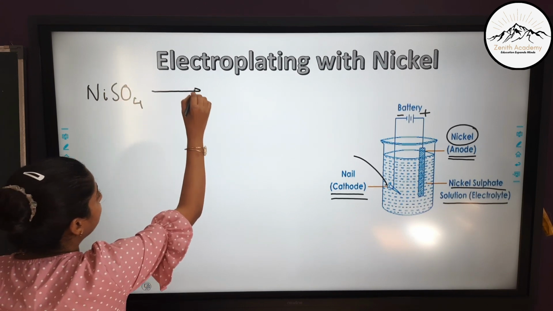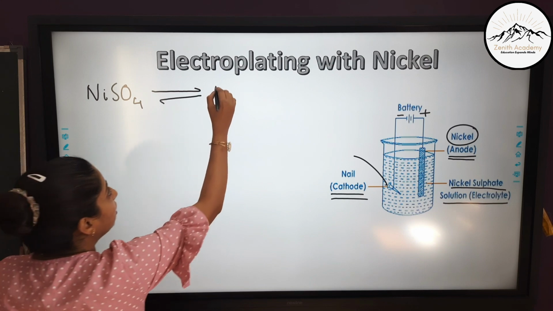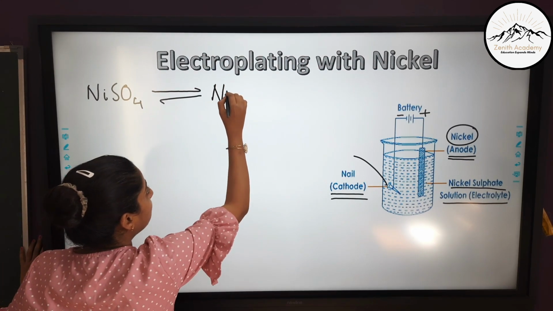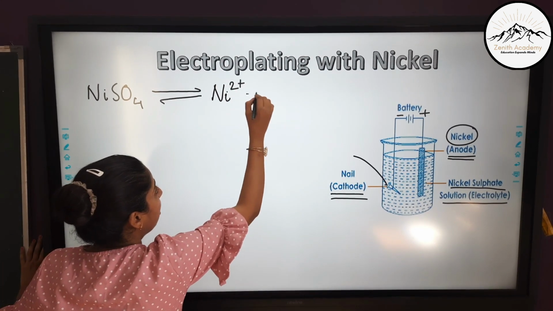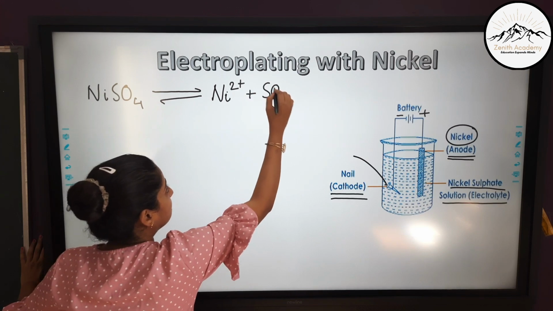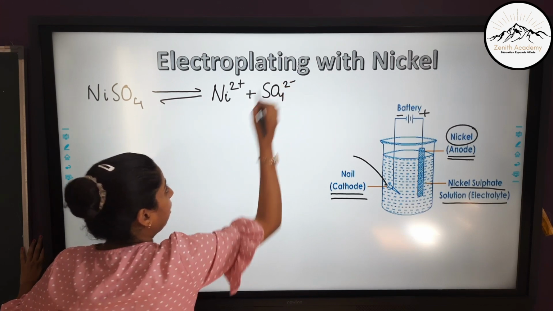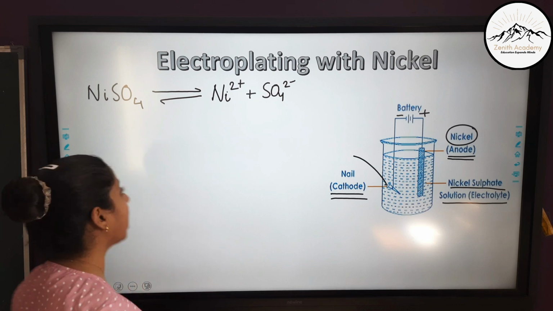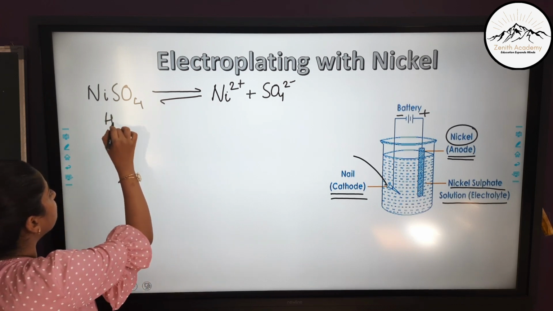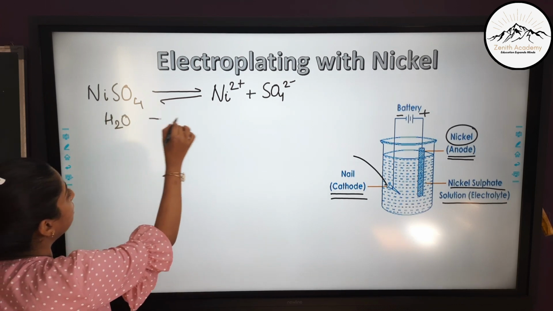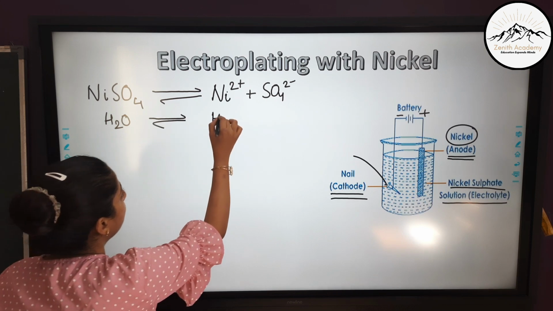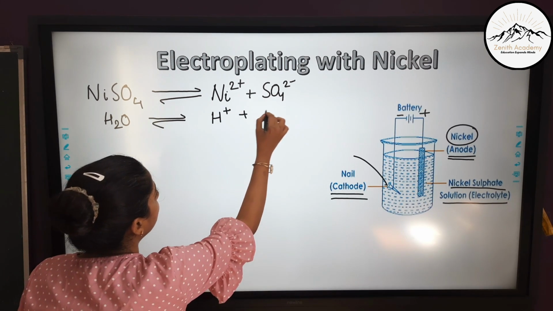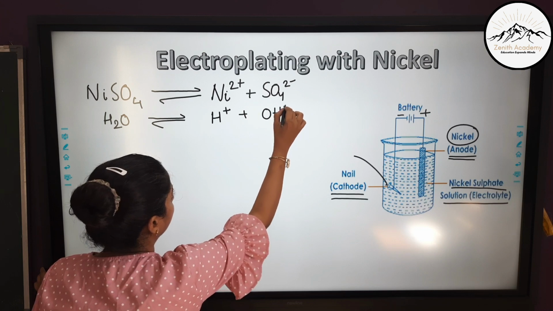When electricity is passed through nickel sulfate, it will form nickel ions, Ni2+, and sulfate ions. Since it is an aqueous solution, water will also be there in the electrolyte. It will also form H+ and OH- ions.